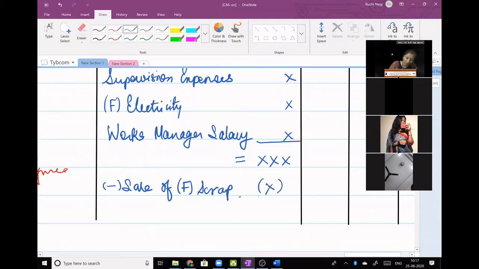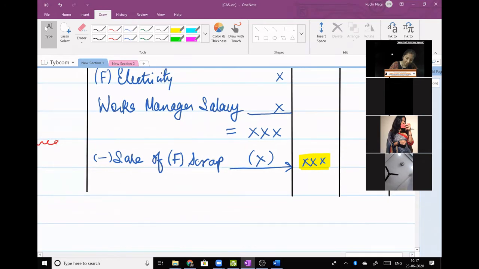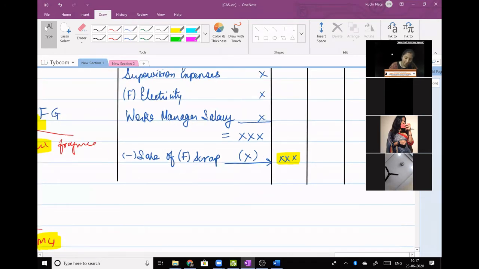Then take it in the output column. Fine. So this answer is your factory overheads. The one which I have highlighted in yellow is your factory overheads. Fine.